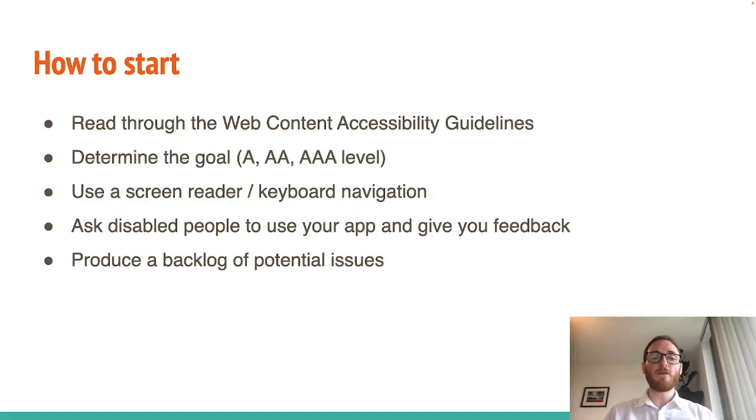Now, reading through the Web Content Accessibility Guidelines, I always pronounce it WCAG. I don't like saying WCAG because it just sounds weird to me. Even if you're a mobile app developer, because I know not a lot of web content can translate into mobile content, these guidelines have 4 primary principles.